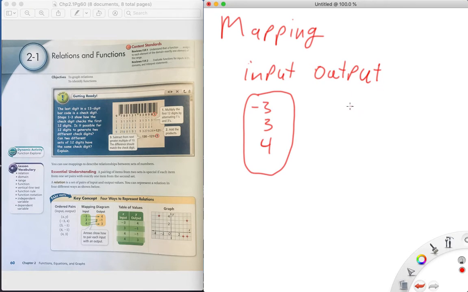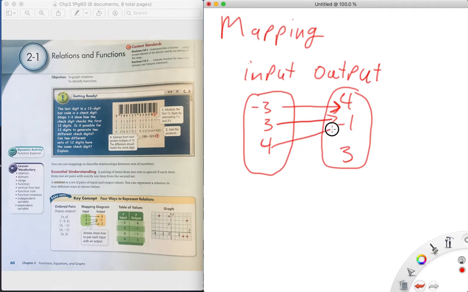But let's stick with the book for consistency: 4, -1, 3. To show the relation, we draw an arrow from the input to the output. That's one way of showing a relation.